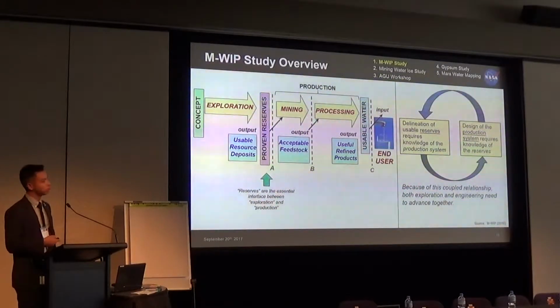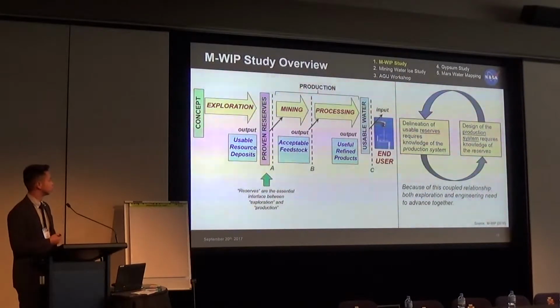So it comes in 2 phases, the exploration and the production phase, and these reserves are the key thing we need to understand. However, understanding what a usable reserve is requires both upstream and downstream knowledge. You need to understand what the production system is and what it's capable of mining, and then understand the reserves itself.